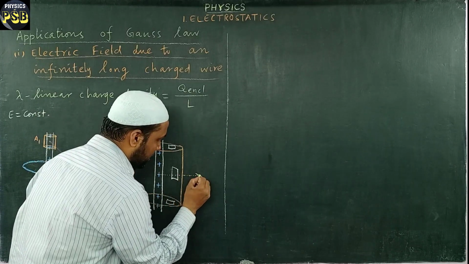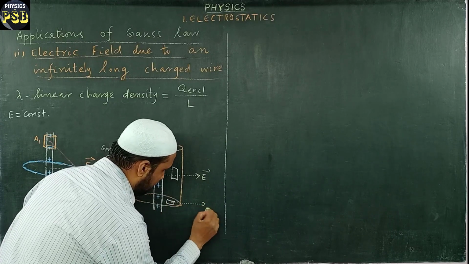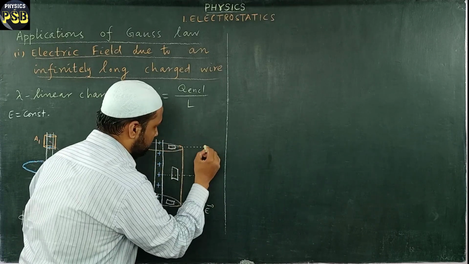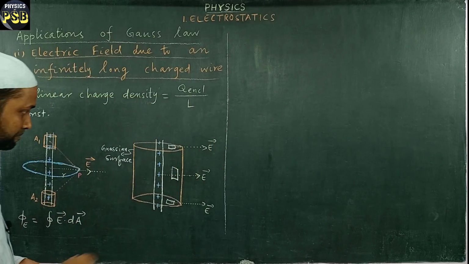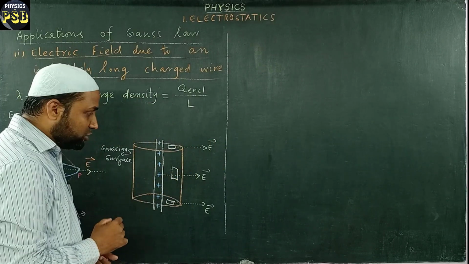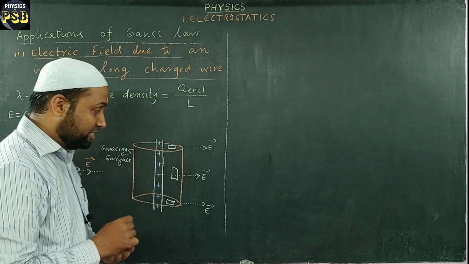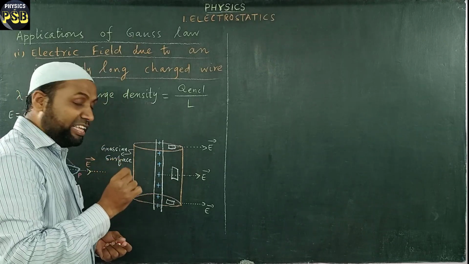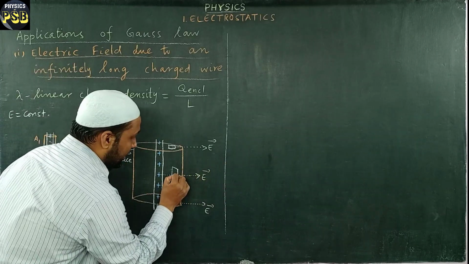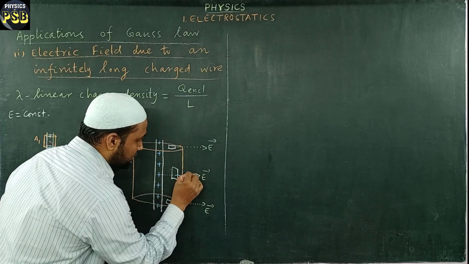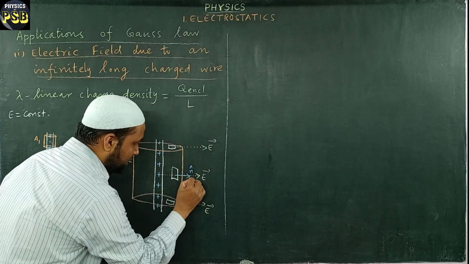Now, I represent the electric field by the letter E vector. The same here as well, and here also it is E vector. Whereas the direction of this area element is given by dA vector, and it can be obtained by drawing a normal. This normal is n cap, which actually represents the direction of dA vector.